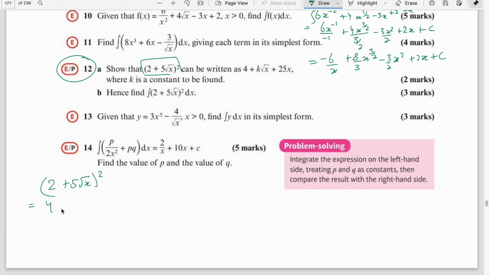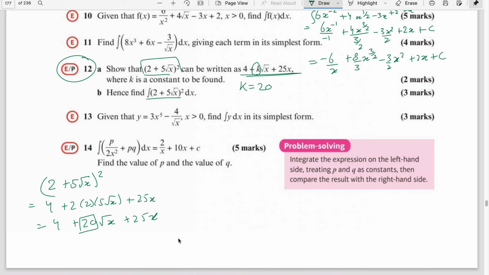So a square plus 2 into a into b plus b square. So 2 squared is 4, 2 times 5 times 2 is 20 square root x, plus 25x. So when we compare, the coefficient of square root x is k and the coefficient of square root x is 20. So k is equal to 20.